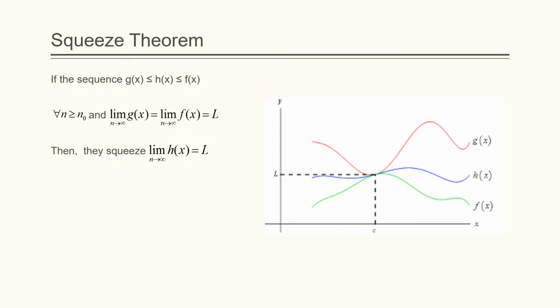If g of x is less than h of x, and h of x is less than f of x, for all n bigger than some N, and the limit of g of x as n goes to infinity is equal to the limit of f of x as n goes to infinity, which is equal to L, then by the squeeze theorem we can get that the limit of h of x as n goes to infinity is equal to the same L.